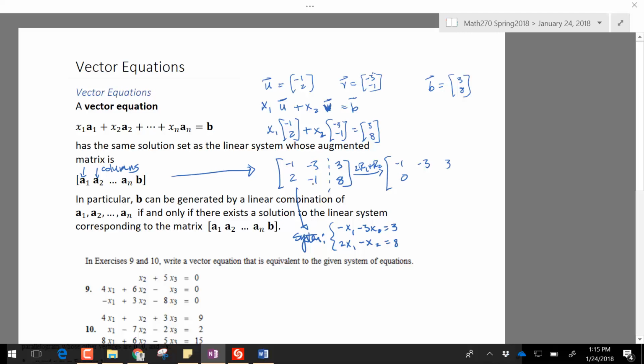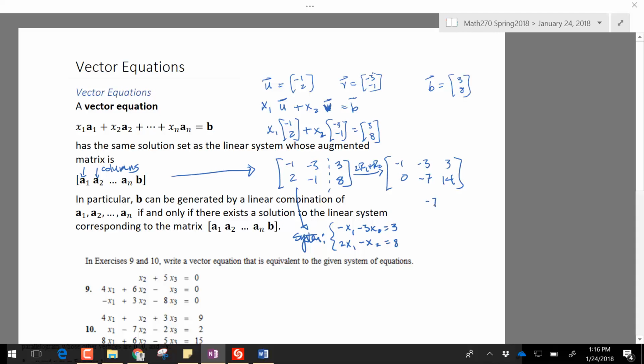What? Negative 7. 2, 6, 14. Thank you. 14. Yeah. So we can reduce row echelon form it. I just made a new verb. Or you could just solve it from here and just doing some back solving.